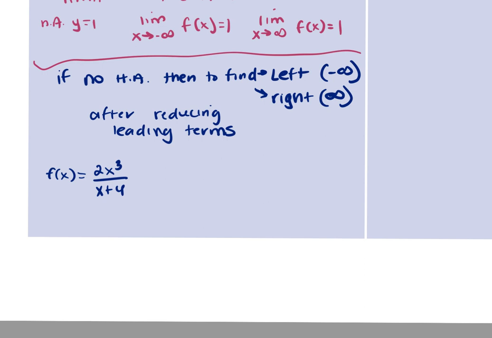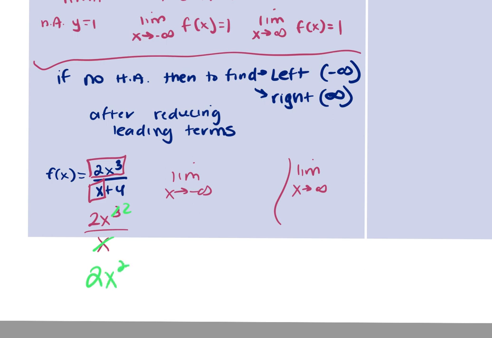So then if I want to know the end behavior as x approaches negative infinity, then I literally take just my leading terms in the top and the bottom. There's only one in the top and one in the bottom. I put them over each other. I simplify what I can, so one of these x's cancels, and I end up with 2x squared.